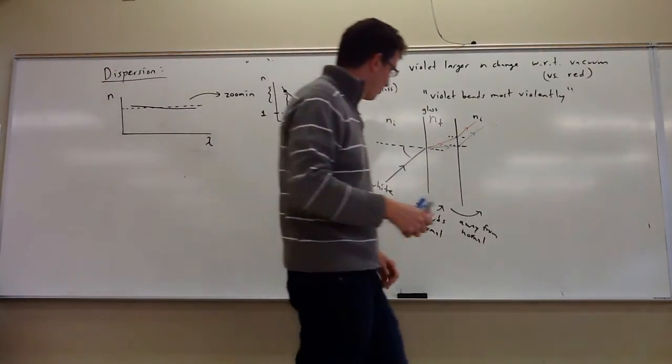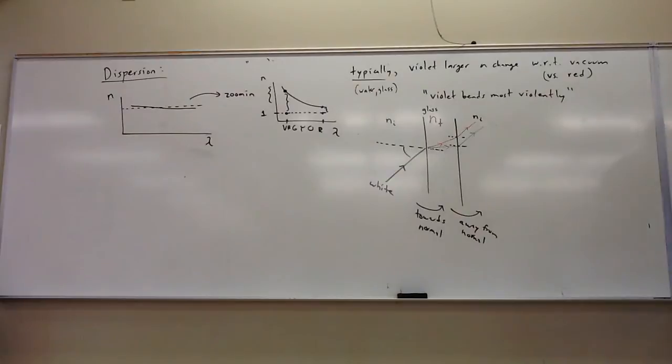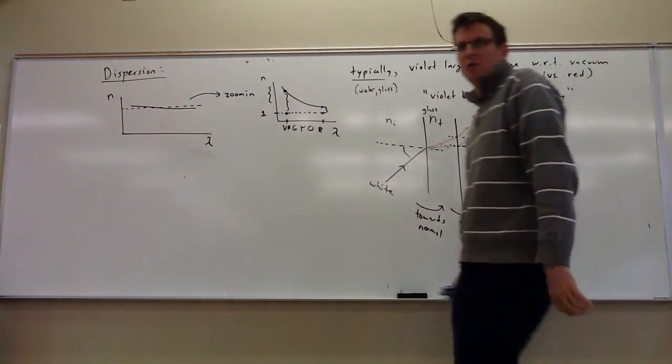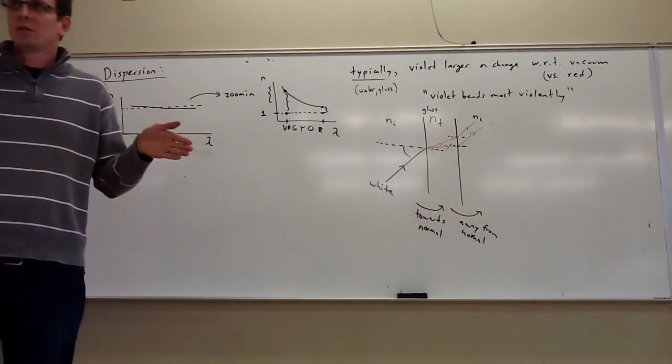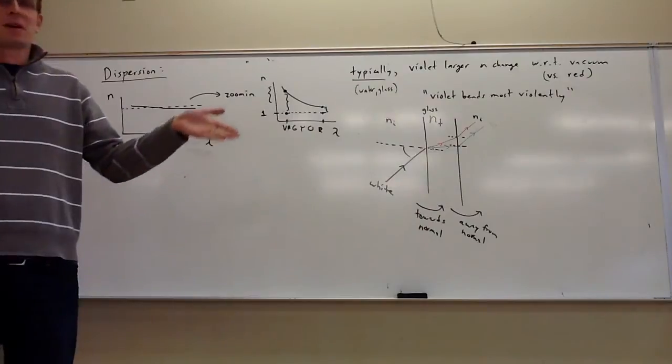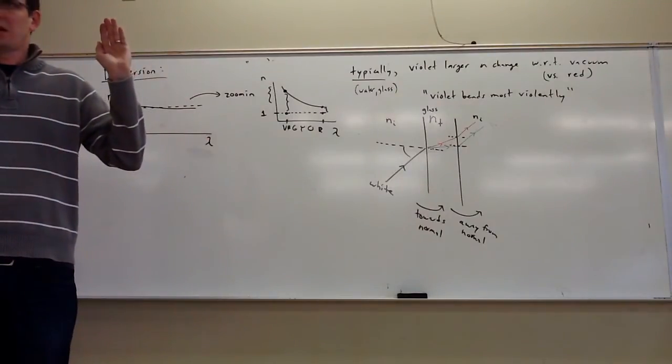And here's what you notice. You notice that basically the fact that violet got bent more toward the normal on the way into the glass was undone by the fact that it got bent more away from the glass on the way out.